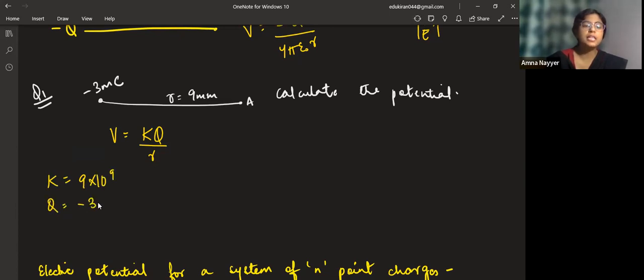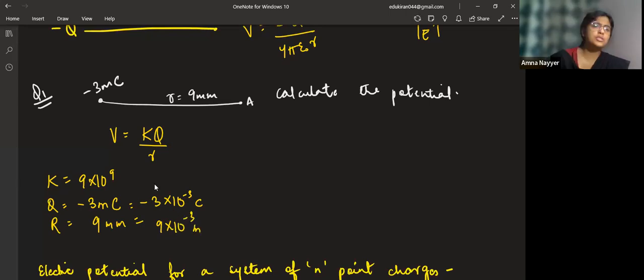Charge is -3 millicoulombs, so we'll convert milli. That is -3 into 10 to the power -3 coulombs. And R is 9 millimeters, that is 9 into 10 to the power -3 meters. I've just made everything into its SI unit.